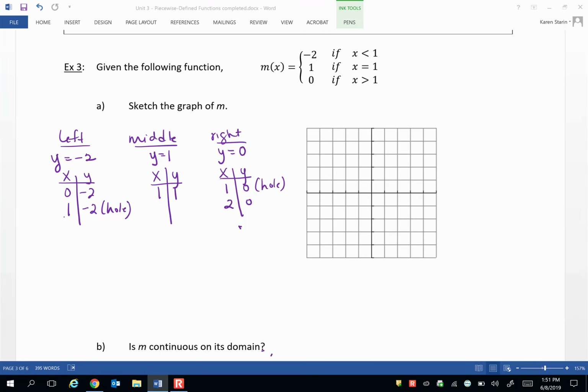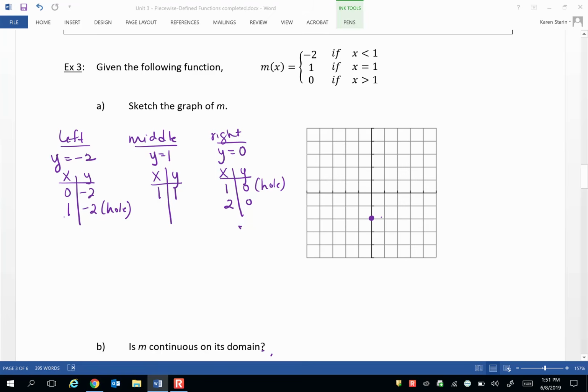So putting this all together on the graph, we just have to be careful about which piece I'm graphing where. So when x is strictly less than 1, I'm the constant -2, y equals -2. So at 0, -2, I have a point there.